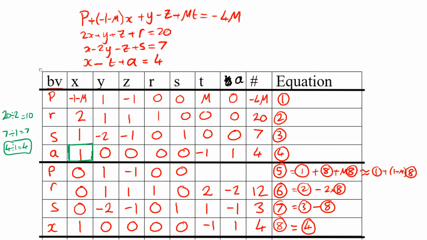Luckily, that exactly cancels out to just give us minus 1, so we've got rid of something already. Excellent. However, our victory is short-lived, as in the A column, we start with 0 and we add 1 plus m lots of 1. So we're going to add 1 plus m to that column. Finally, for the bottom one, we're going to need to add 4, and we're going to need to add 4 lots of m. That will cancel out with our minus 4m, so that'll just leave us with 4.